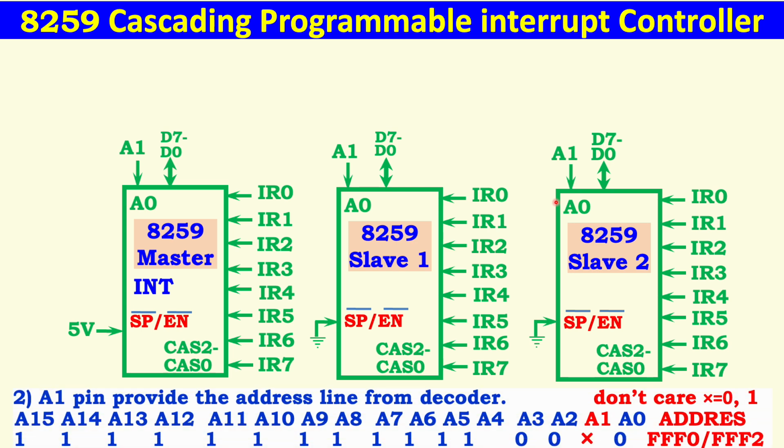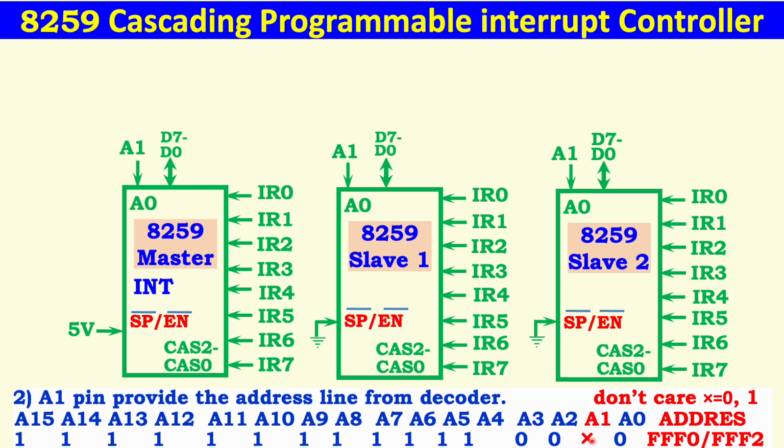Like that we can cascade 8259 chips. Now we discuss one important pin, called A1. The interrupt handling by each 8259 chip will be known by its address. Its address is decided by A1. For example, we have A1 as don't care, and the remaining bits are all 0. So for this example, what is the entire address?